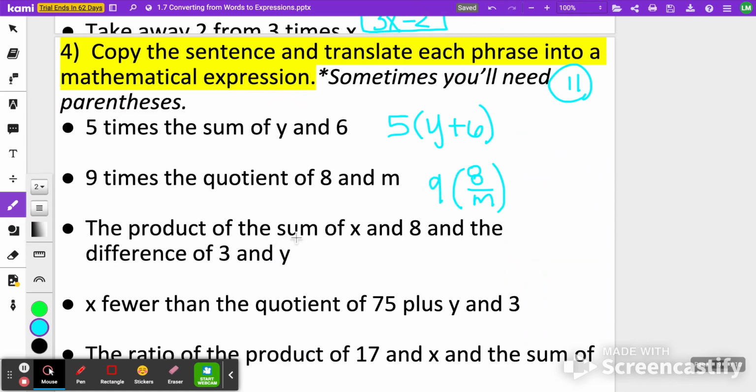The product of the sum of x and 8, so here x plus 8, and the difference of 3 and y, that means subtract. So the product of these would just mean x plus 8 is in one set of parentheses, and then multiplying by the difference of 3 and y, so 3 minus y.